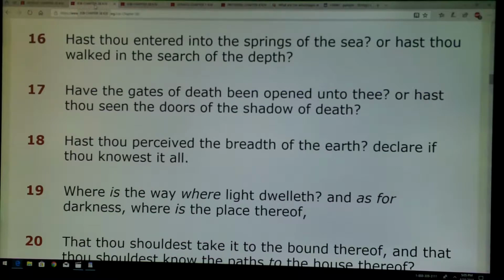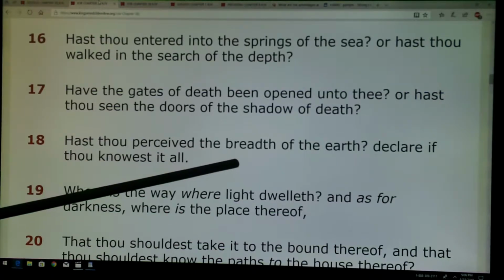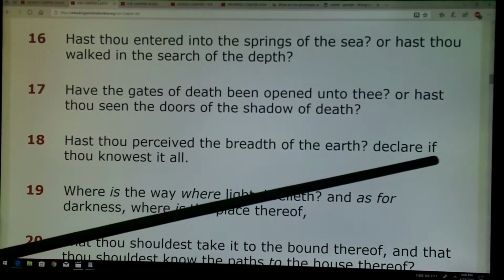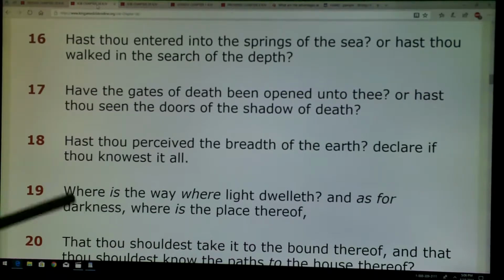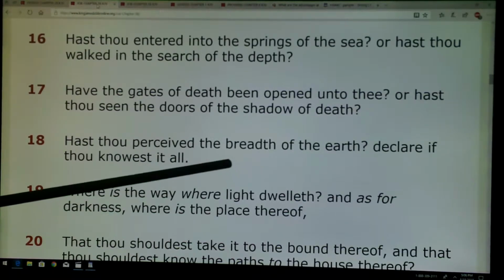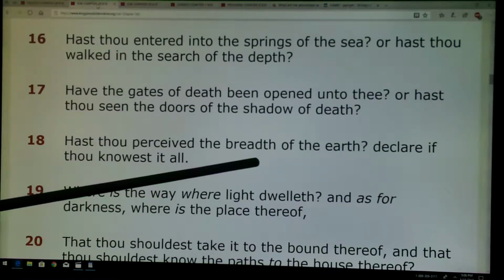So now we're here at Job 38, and we're going to start at verse number 18. Hast thou perceived the breadth of the earth? Declare if thou knowest it all. So the Most High is saying, do you know this word right here, breadth, means width. Look it up. So let's get it straight.